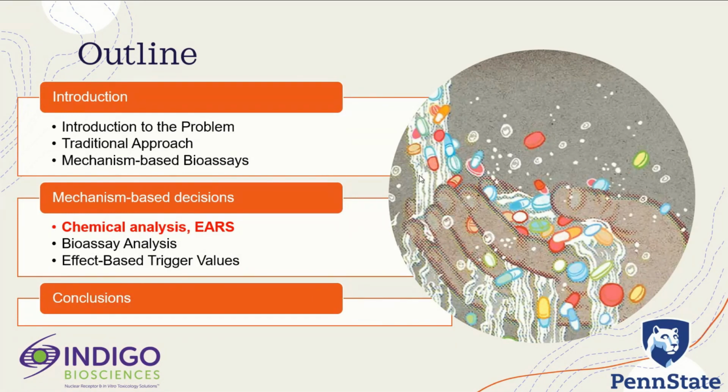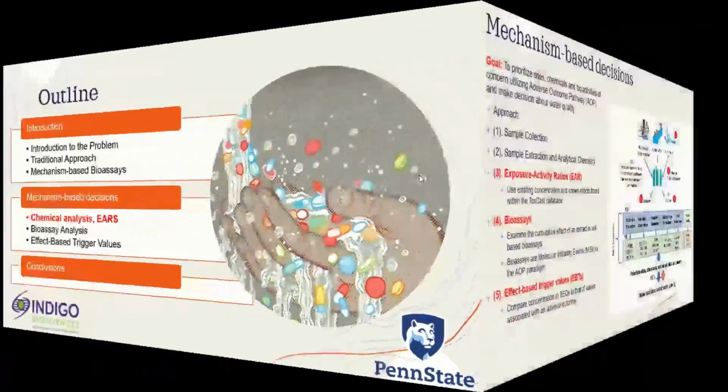And let's start with what is probably the easiest for most people that work in this area that are already doing chemical analysis, but want to start incorporating mixture effects as well as adding in some of this adverse outcome pathway decision making.